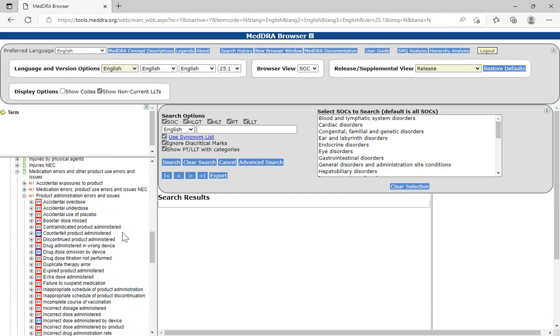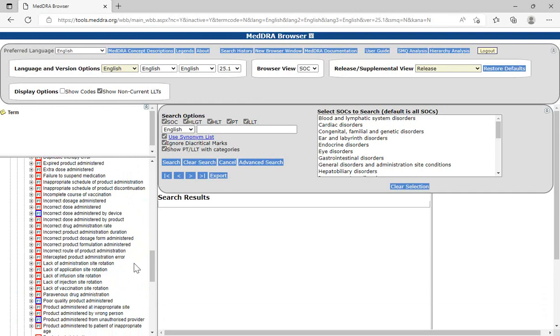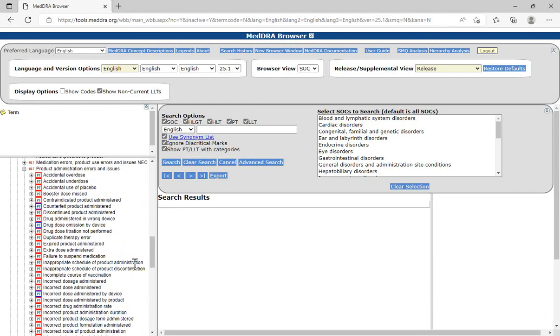So basically, when I look at the gist of my coding exercise, what actually happened was there was an accidental overdose. But maybe there's some other PT in here. So I'm going to leave it at that, just guiding you to the proper HLT and letting you decide which is the most appropriate LLT or LLTs, because quite a bit happened in that particular scenario.